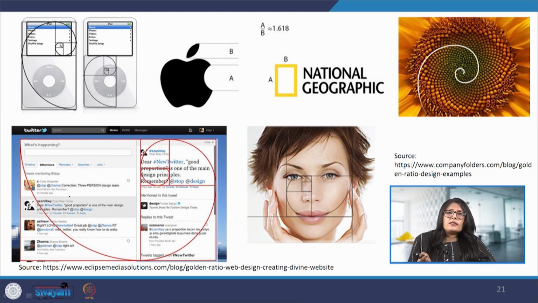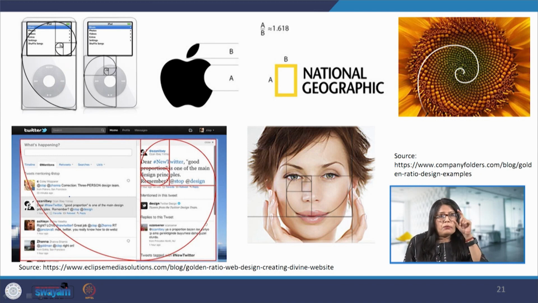Now, print designers have used this for many years in preparing the foundation of the layouts that they prepare. Even web designers have used this. We can see a few examples here on the screen. The Twitter layout, we can see how it is made up of the golden rectangle and then the golden spiral is formed there.